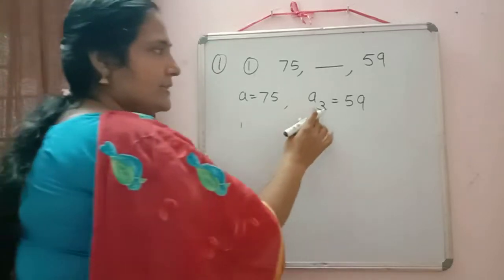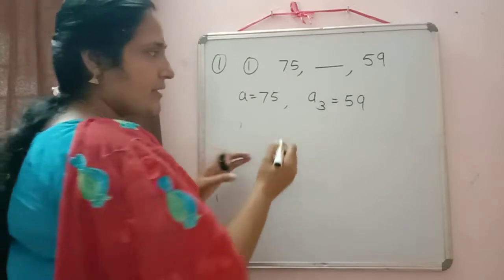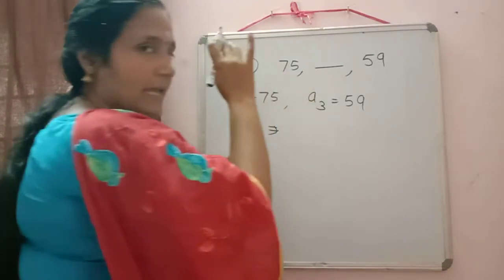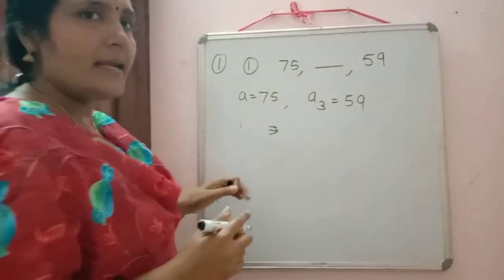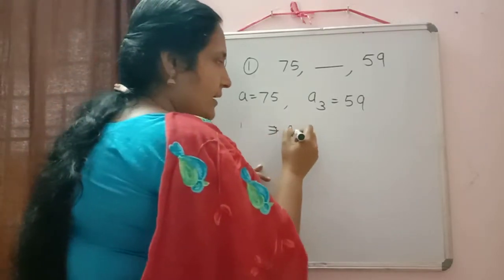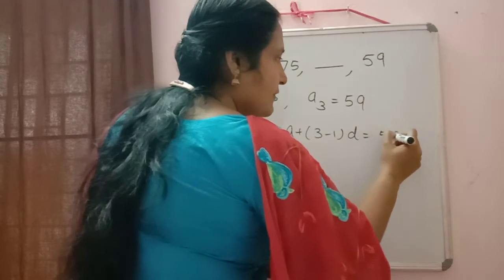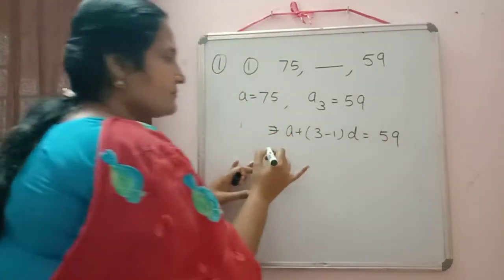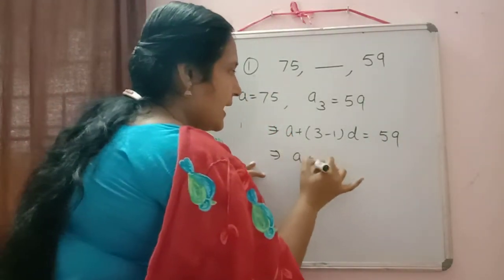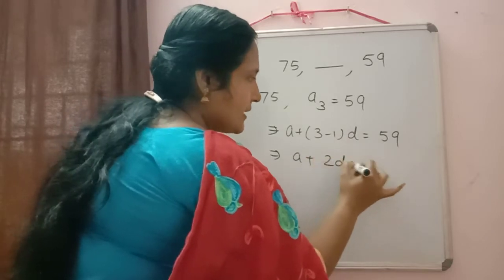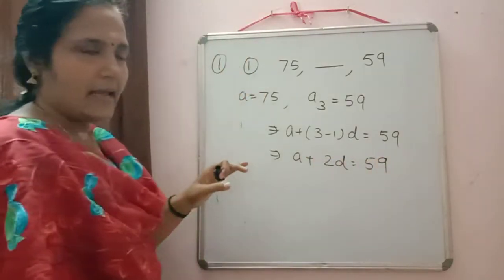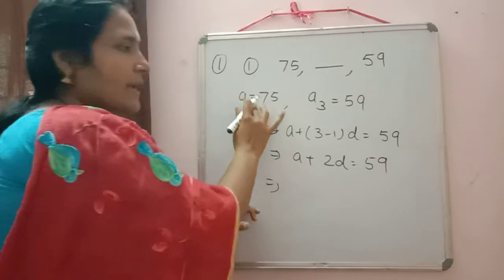So a3 is equal to 59 is given. According to the formula of the nth term, a3 is a plus 3 minus 1 into d, equal to 59. So it will be a plus 2d is equal to 59. Now we know the value of a.